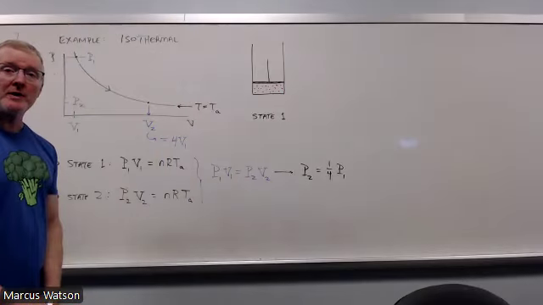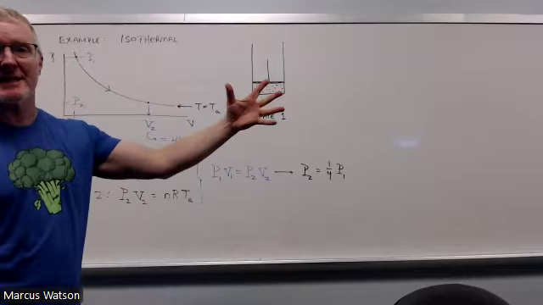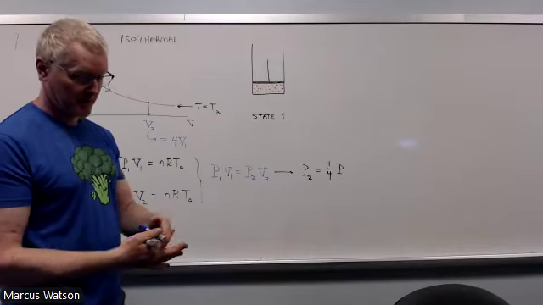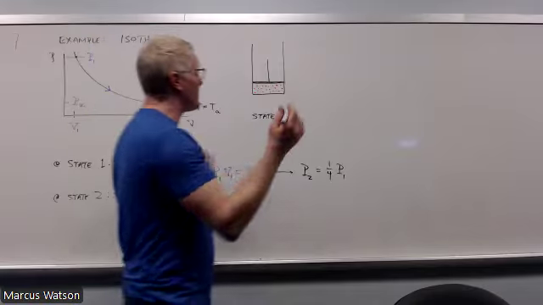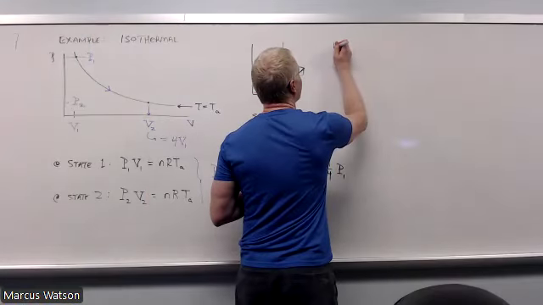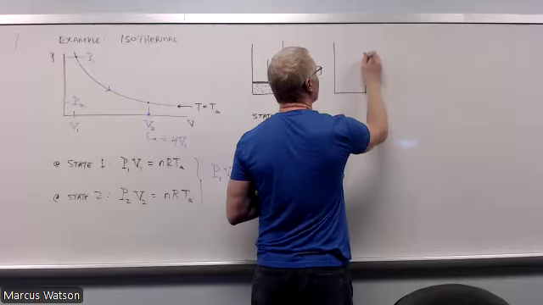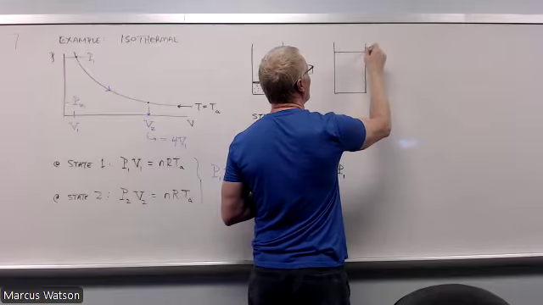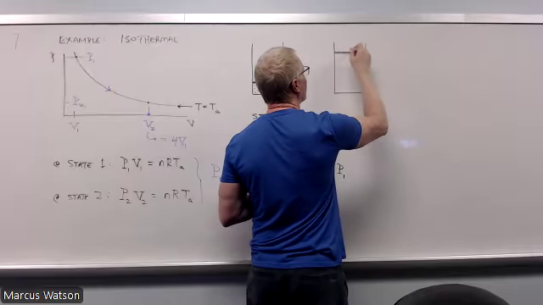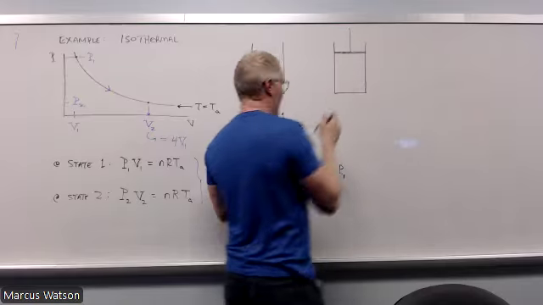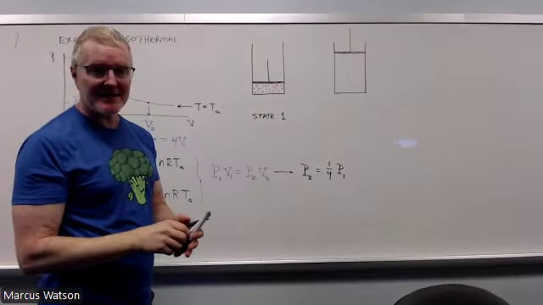So the question is, how do we go from state 1 to state 2 at a constant temperature? Okay, because by the time I get to state 2, I'm expecting to see something that looks like this, where the piston is now way up here. I still have the same number of dots, right?